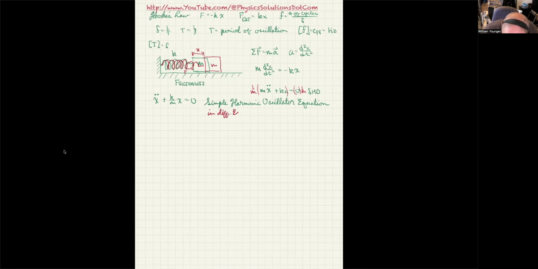We would let x of t equal some constant times e to the rho t, and the reason is that the derivative of e to the rho t is rho times e to the rho t. So you literally get the same function back, with a constant in front of it. That's exactly the sort of behavior we would like for this x function.